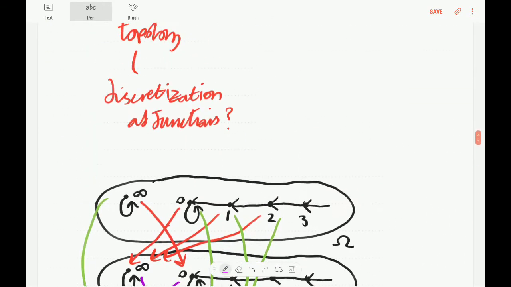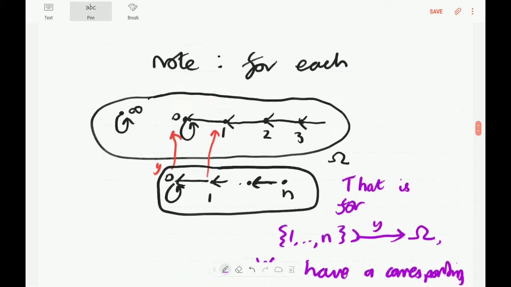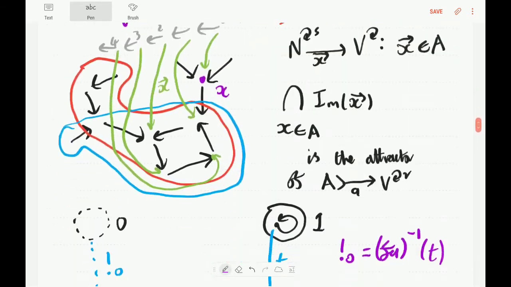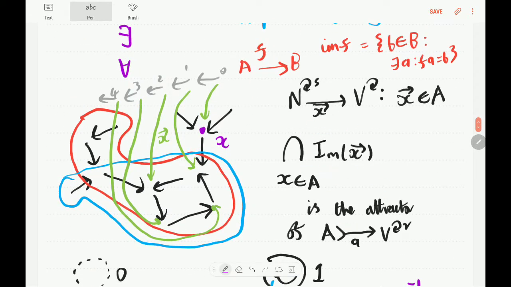Well, there's a lot here. So we discussed this idea of working out the attractor. There's got to be an easier way.